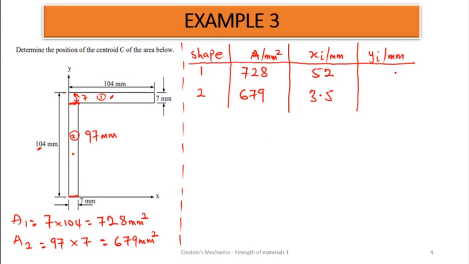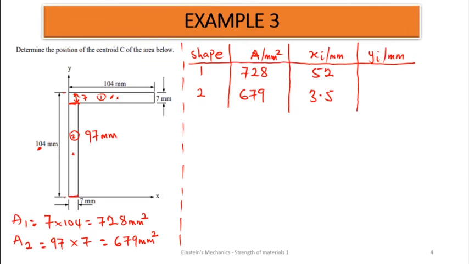Let's look at the y component. This is the first shape. By what should I move up to get to its center? To move up, this is 7, and we're going to get 3.5. But remember the entire distance you covered moving. So this is going to be 97 plus half of this, which is 3.5.